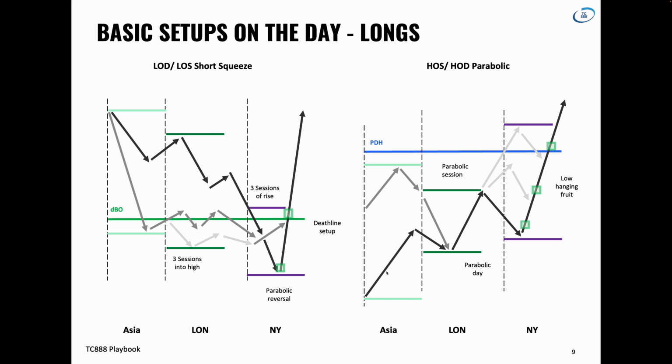But the classic patterns here, what you see very often, and what we also saw in the example I just showed you, is the parabolic session. So meaning it trades up, Asia makes a high, London makes a low, New York trades inside, and then it blows off. That's the classic pattern.